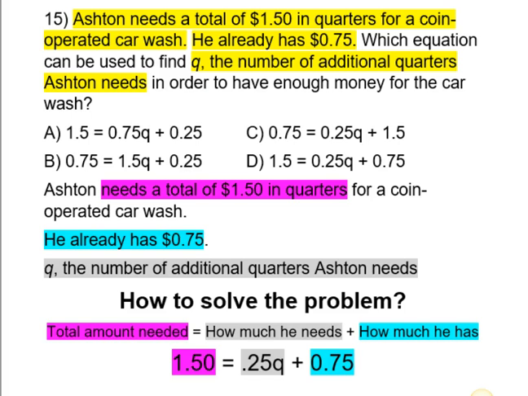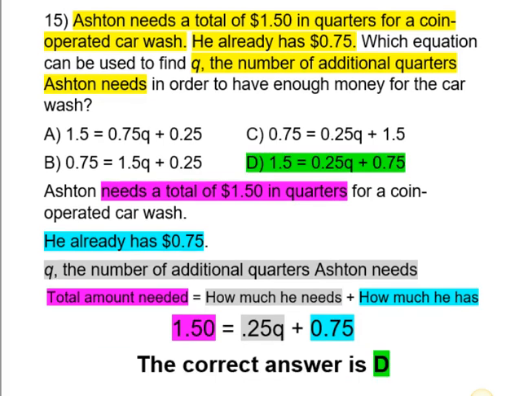So this is the equation that could help us find out how many additional quarters Ashton needs. Looking at our answer choices, do you see which answer matches the equation we have come up with? If you said D, you are correct. Let's move to question number 16.